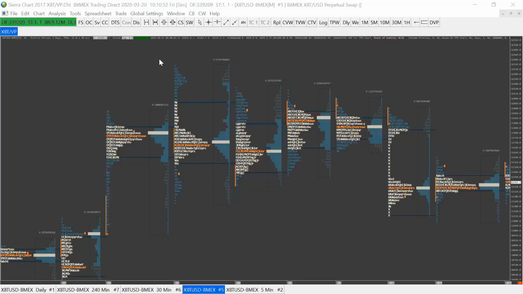So in other words, I'll use it to find areas where I expect price to reject, areas I expect price to run through quickly, and areas at which I expect price to get stuck or spend a substantial amount of time trading. So basically areas of balance and imbalance.